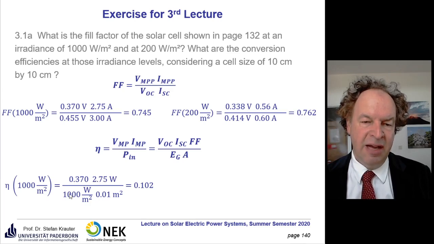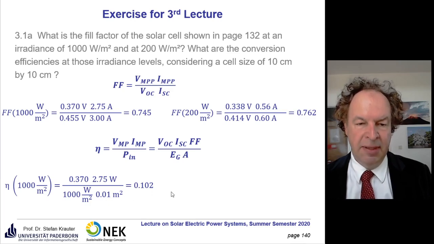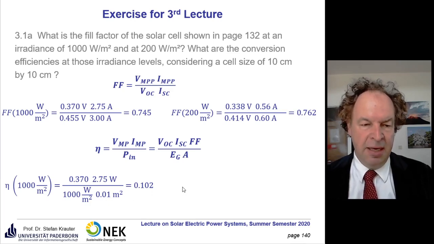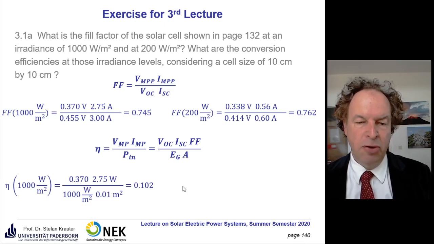The global irradiance is 1000 watt per square meter, and the area of 10 centimeters by 10 centimeters is 100 square centimeters, which is 0.01 square meters. That is then 0.102, so about 10% conversion efficiency.